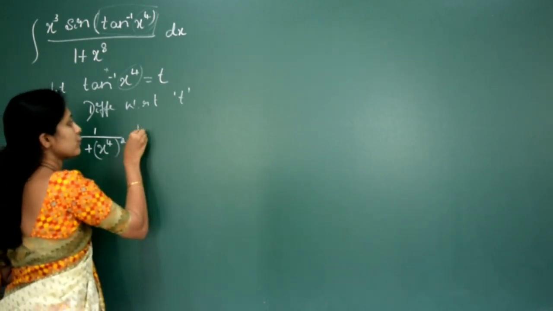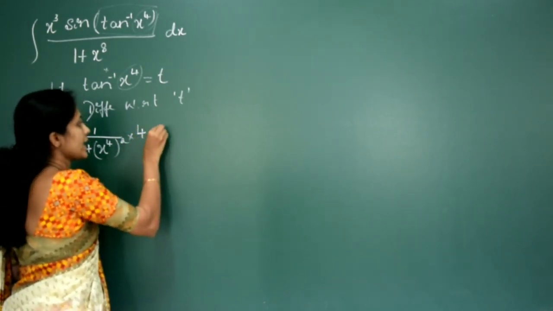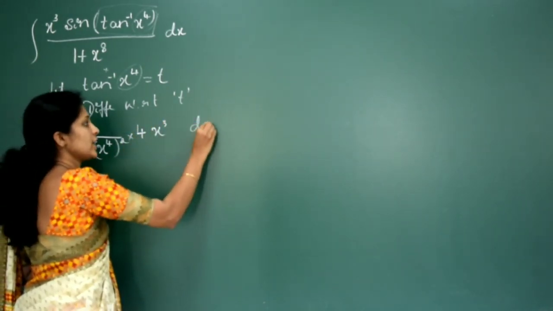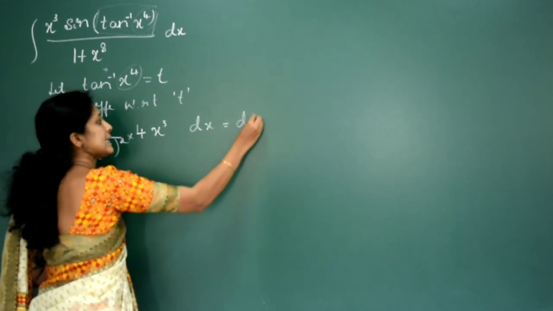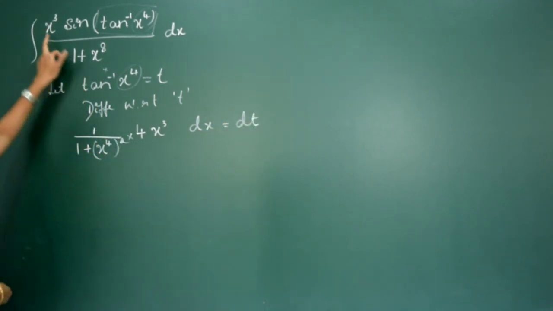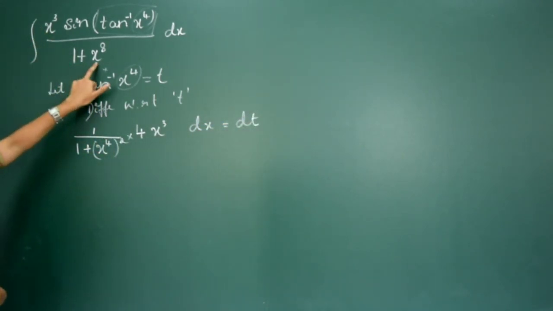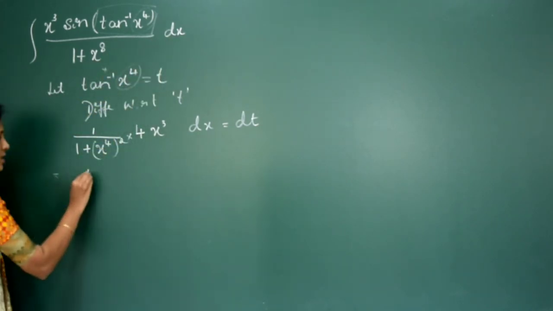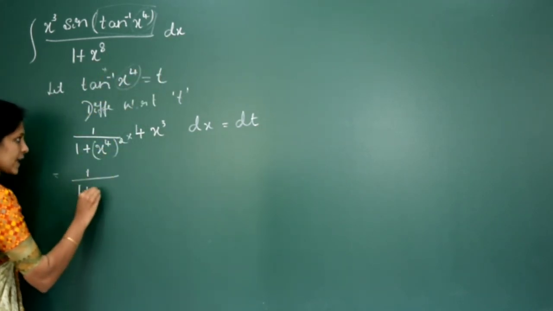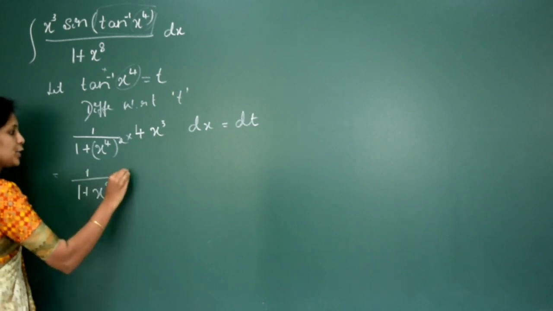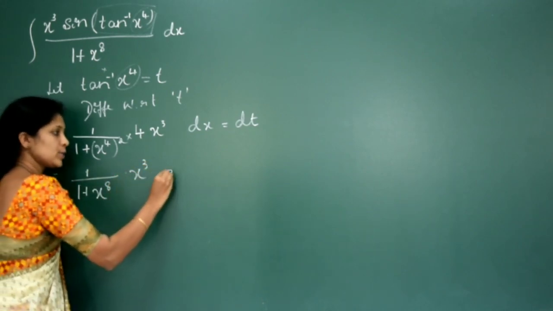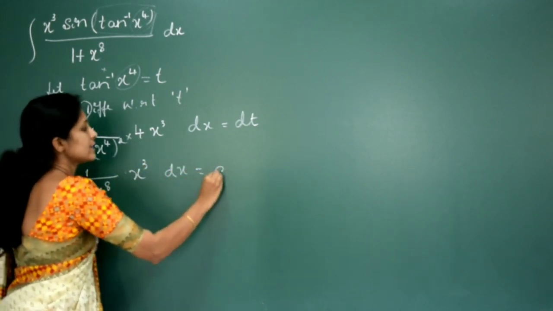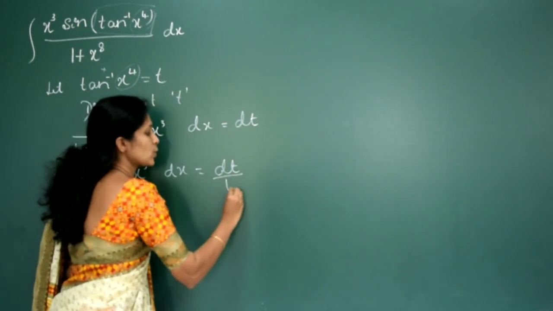The derivative of x to the power 4 will be 4x cube into dx is equal to dt. Here we have x cube divided by 1 plus x to the power 8 into dx. So we can write this as 1 by 1 plus x to the power 8 into x cube into dx is equal to dt divided by 4.